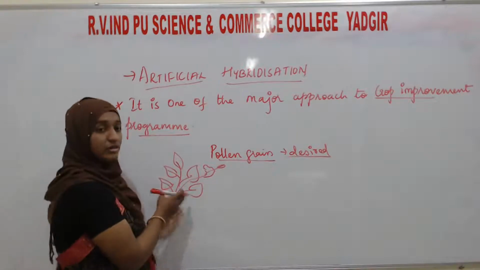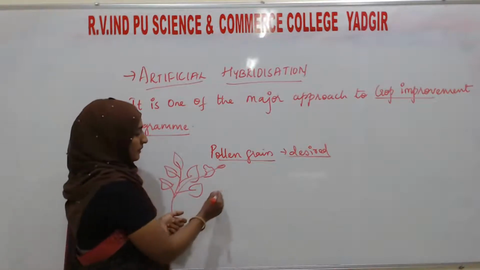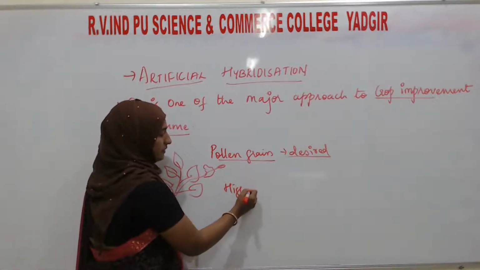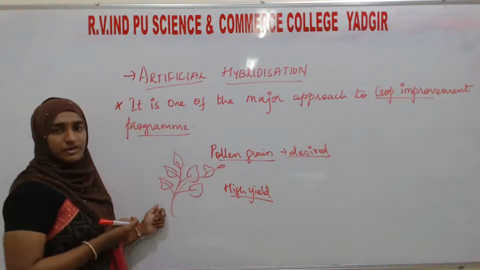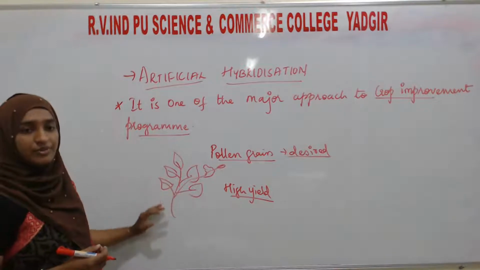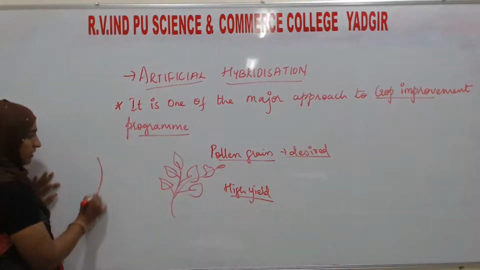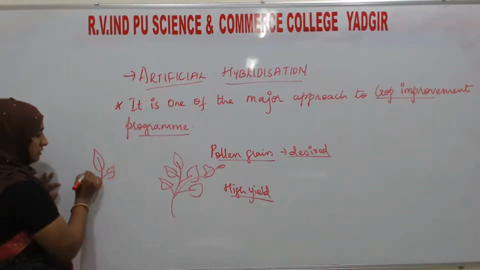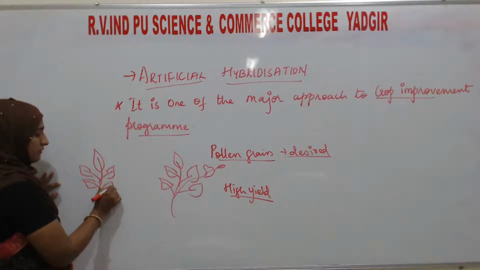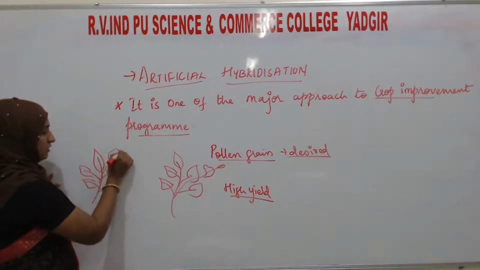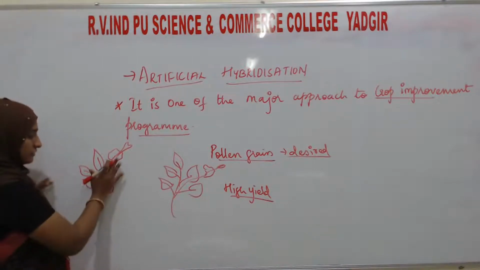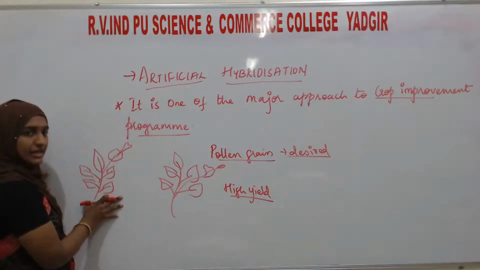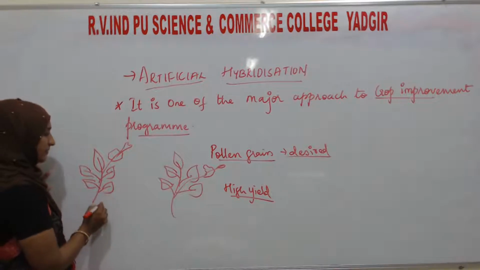In this plant, the desirable character is high yield, giving a higher amount of crop or whatever food you want from the plant. Here is one more plant, the female parent. You can see the stigma. The desirable character here is disease resistance.